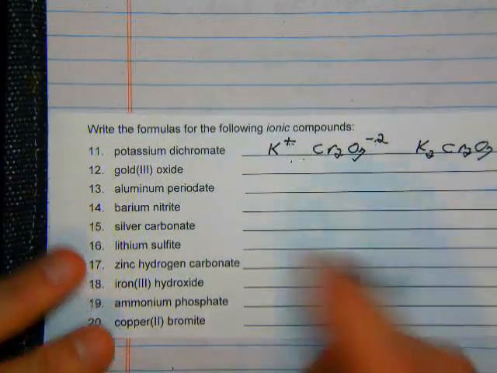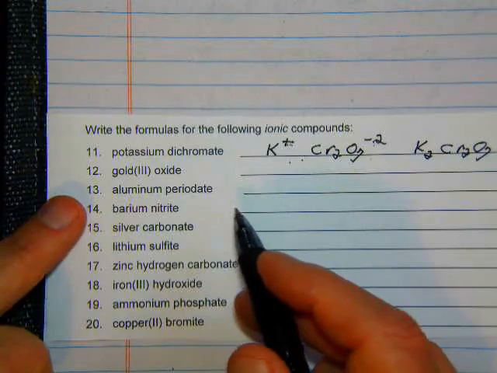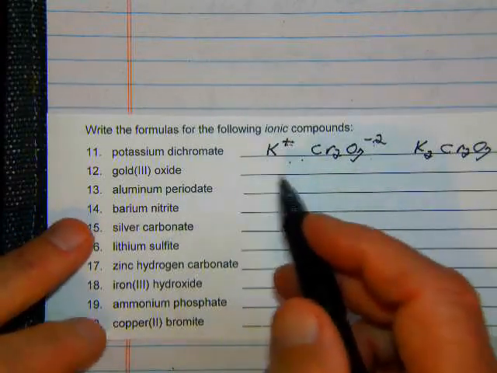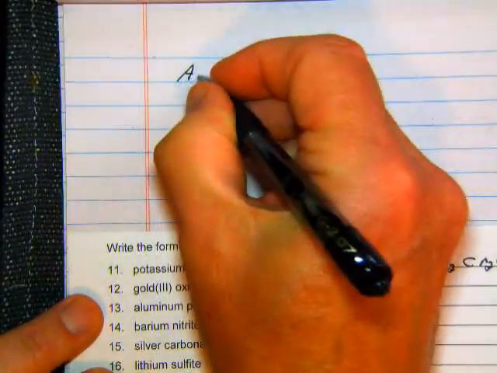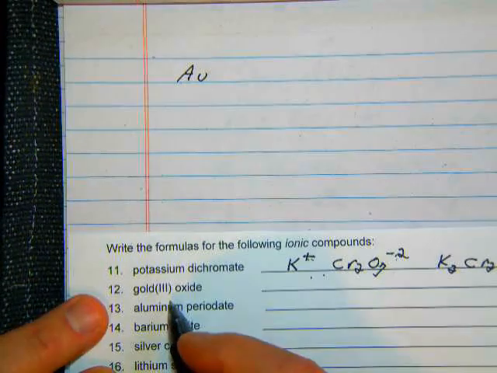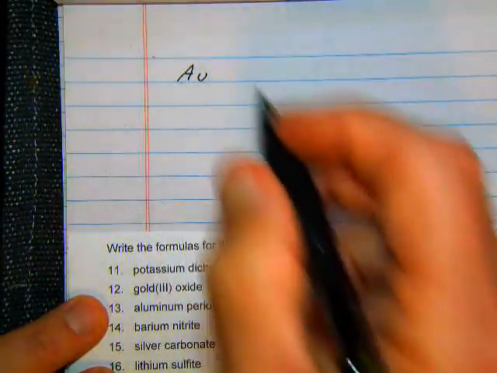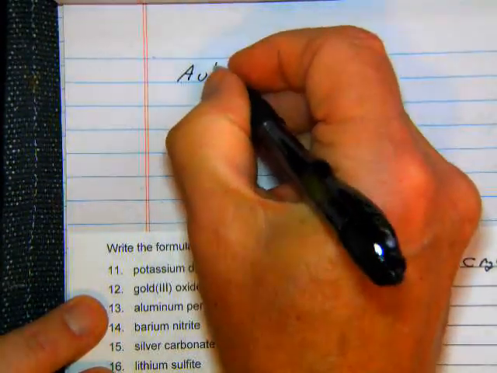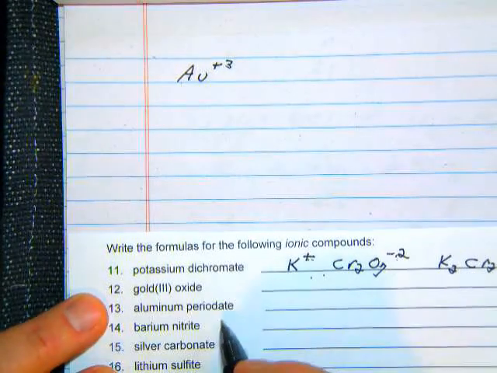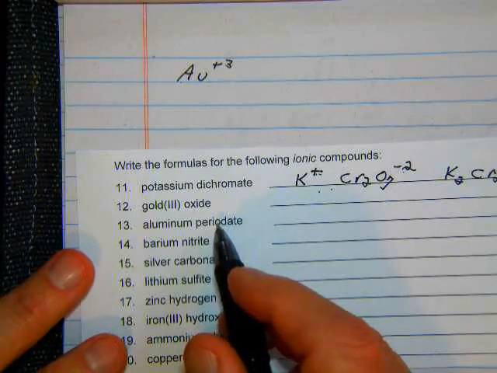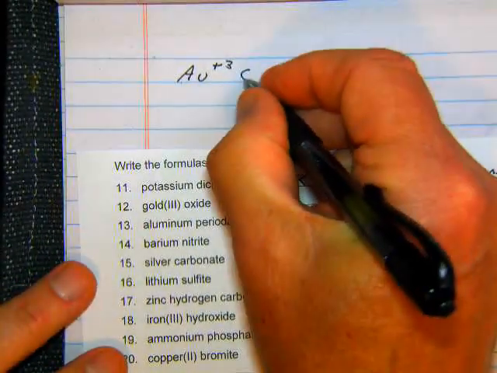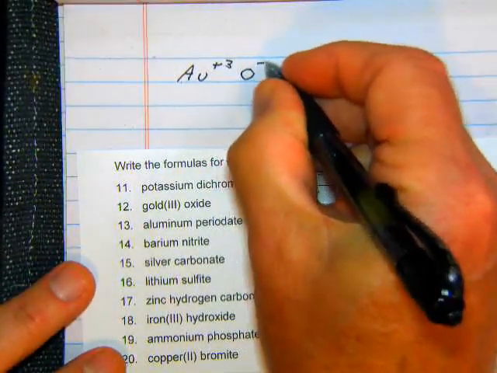So let's look at gold 3 oxide. Gold is Au, and it's a Roman numeral 3, so you know it's got a +3 charge. Oxide would be O, and that has a -2 charge.